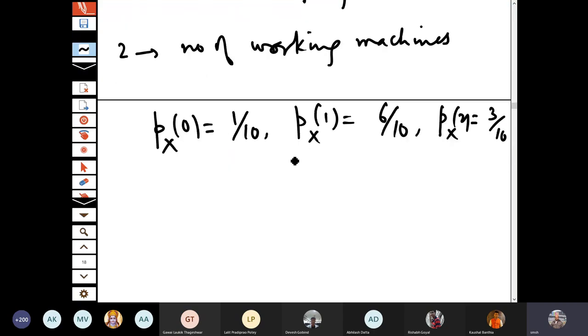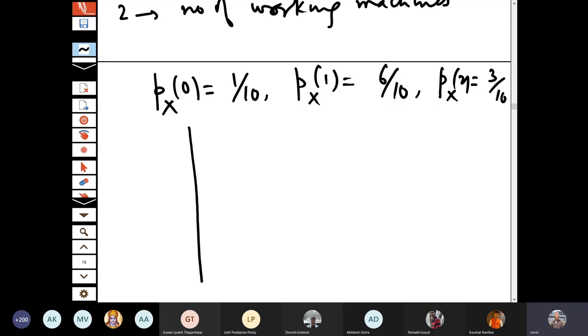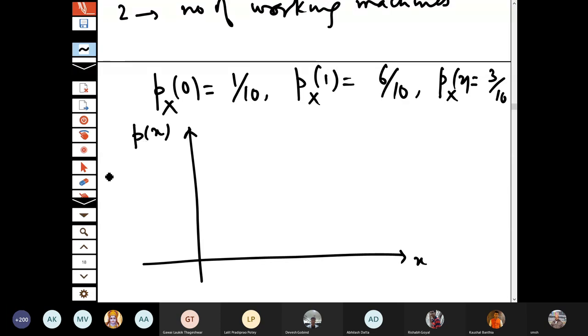Now you look at the CDF here. So at x equal to 0, the value is 1 by 10.